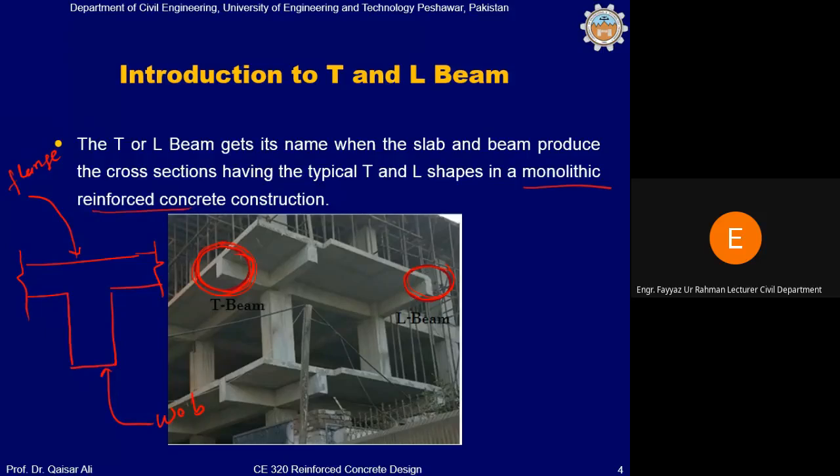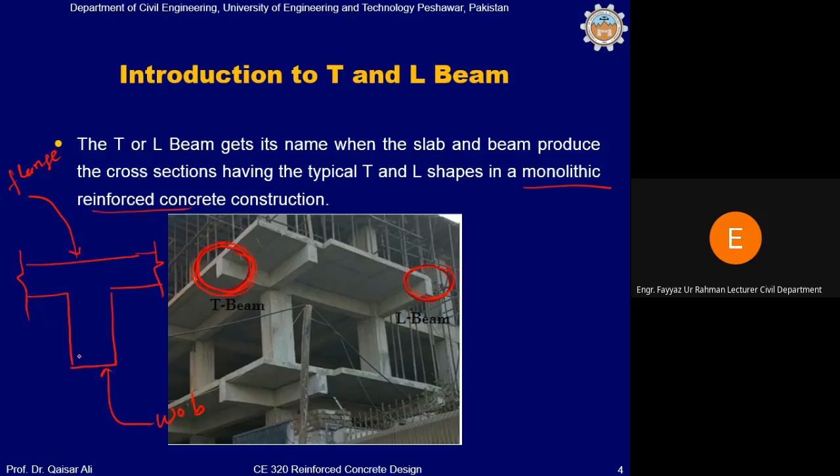Now monolithic means that there will be reinforcement continuity between the beam and slab. If the slab reinforcement is continued into the beam, or the beam reinforcement is continued into the slab, it will form a monolithic connection. Even if the concreting in beam and slab are poured separately. Clear? So casting or pouring the concrete simultaneously doesn't form a monolithic connection. Monolithic connection will form only when there is reinforcement continuity between the two members.